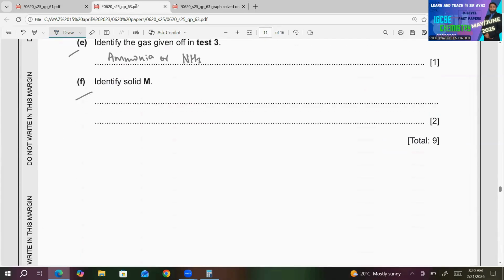So what you're going to write? You need to write either the charge or the name of the ions, that is barium ion, or Ba2+, and we are having nitrate or NO3-.